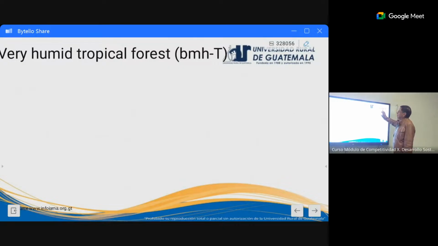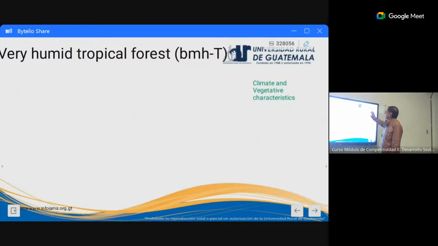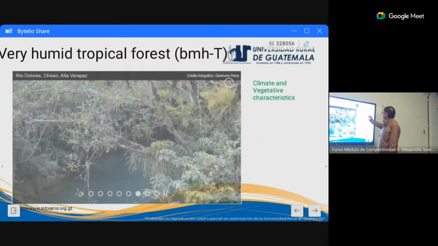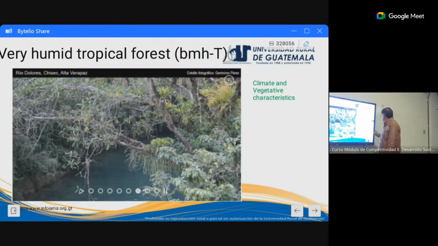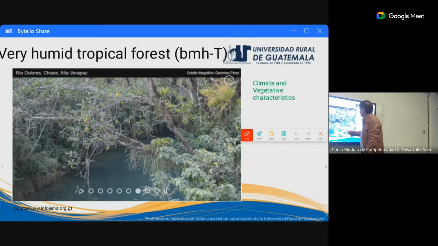We are still talking about the very humid tropical forest. And now let's see an image of the climate and vegetative characteristics. If you look at this image here, you will be able to see that here there's big trees, like this one here, big tree.